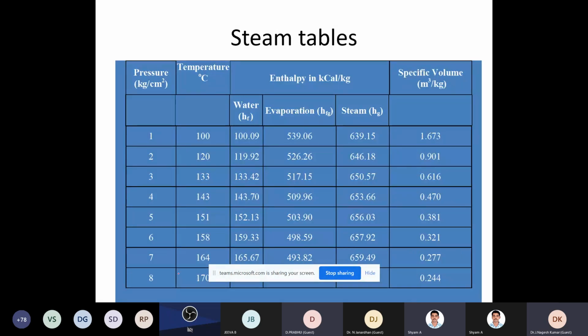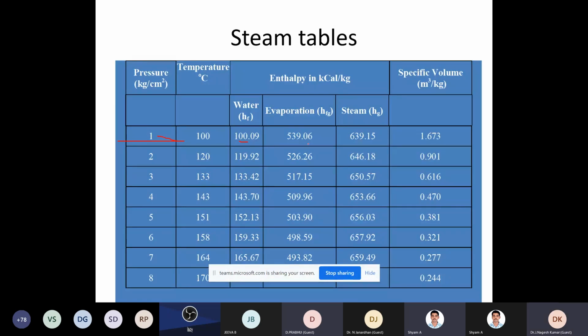These are typical steam tables. So you'll find the pressure is 1, and for 1 bar pressure, the temperature is 100 degrees centigrade, and you have the sensible heat. The sensible heat is almost equal to the temperature, because the specific heat is 1, so sensible heat is nearly equal to temperature, as you can see.